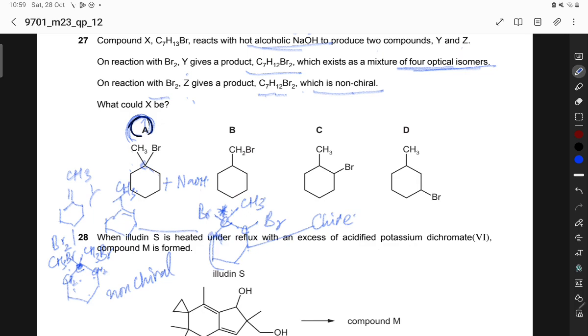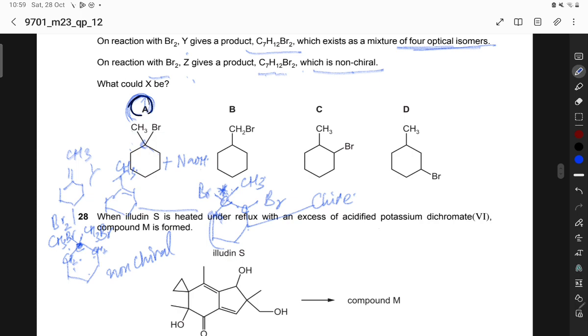Y gives a product which exists as a mixture of four optical isomers. Yes, this can be four optical isomers.